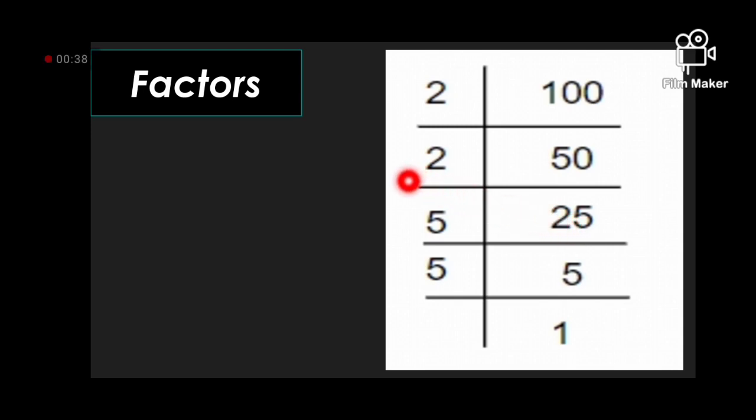Now we will take another prime number. We cannot take 3 because 25 cannot be divided by 3. So we will take 5. 5 5s are 25. Then 5 is a prime number and it can be divided by 5 and 1 only. So 5 1s are 5.